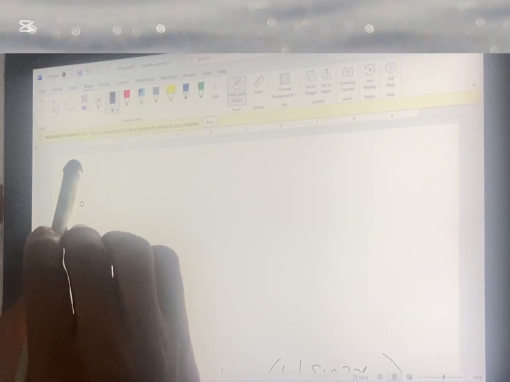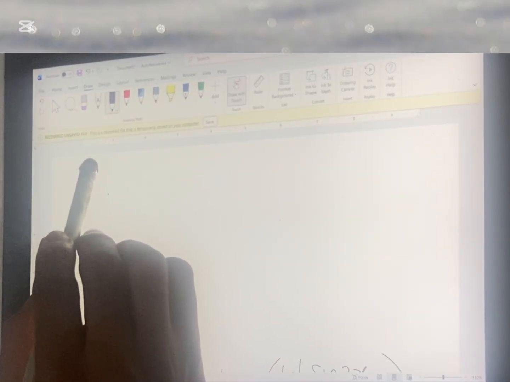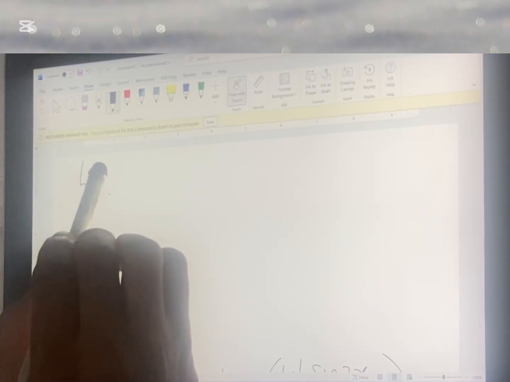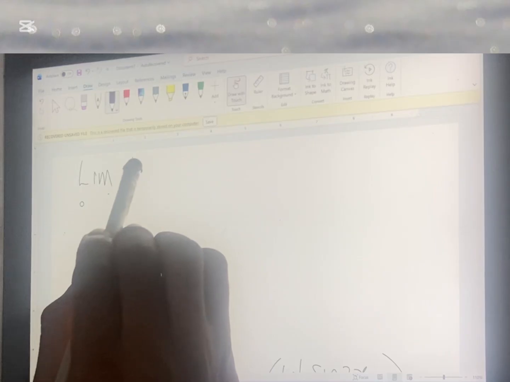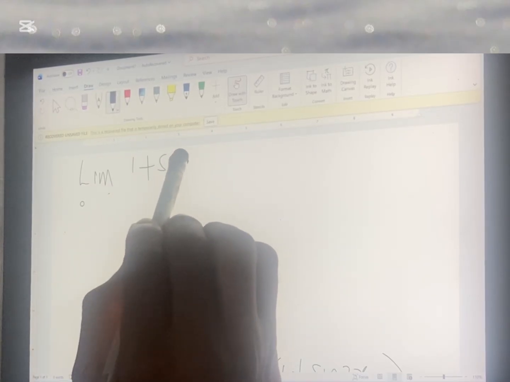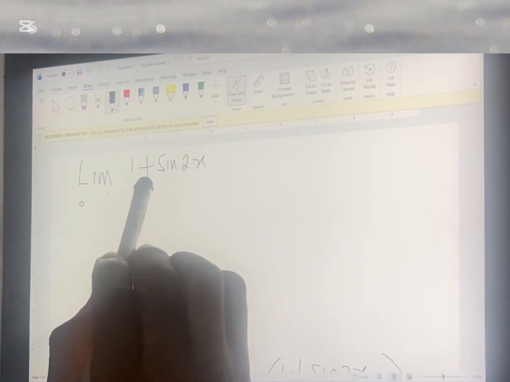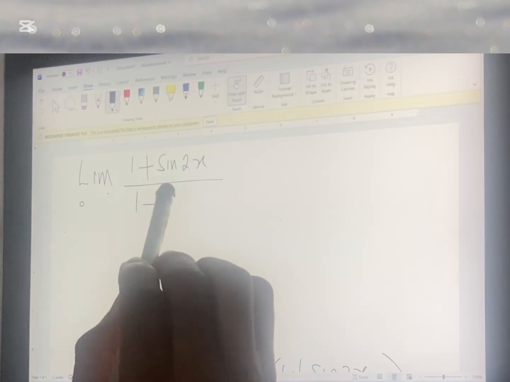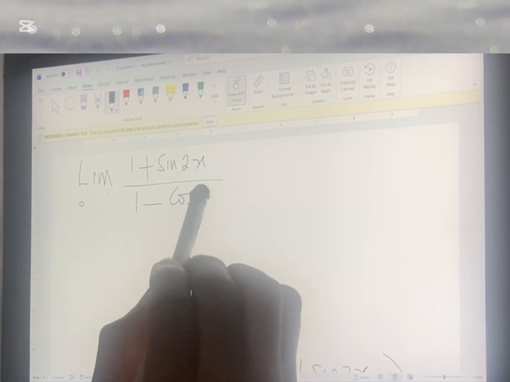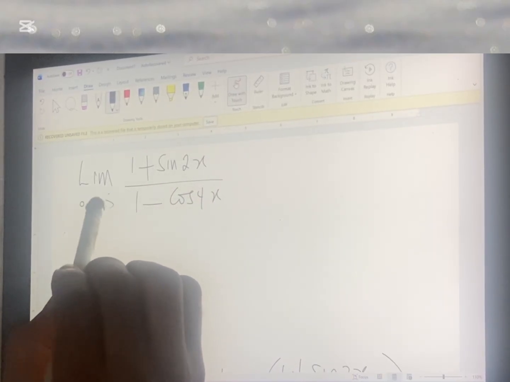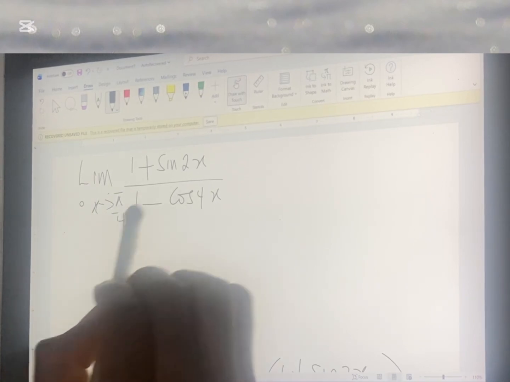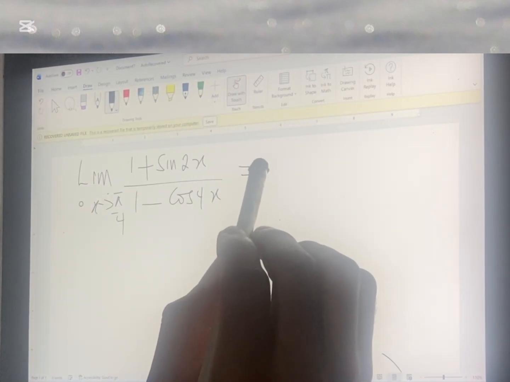That is, the limit of 1 plus sine of 2s over 1 minus cos 4s, as s tends to pi over 4, we'll have our answer to be this.